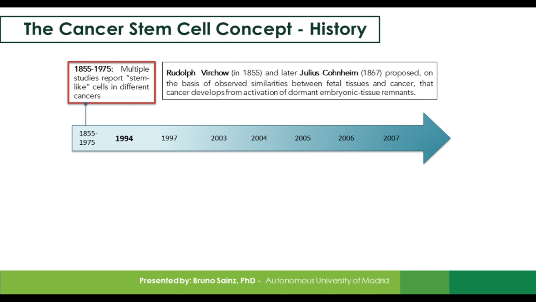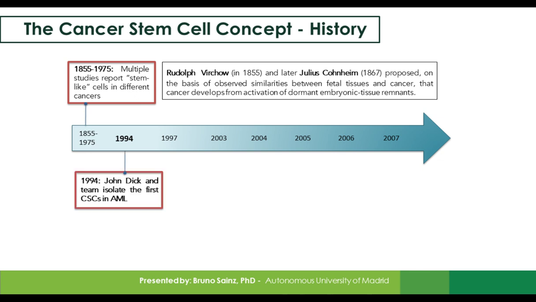And we can think of Rudolf Virchow and later Julius Cohnheim as the grandfathers of the cancer stem cell concept, which they both proposed on the basis of observed similarities between fetal tissue and cancer, that cancer actually developed from activation of dormant embryonic tissue remnants. We now know this is not true, but these were the first studies suggesting a possible link between cancer and embryonic tissue, or cancer stem cells.